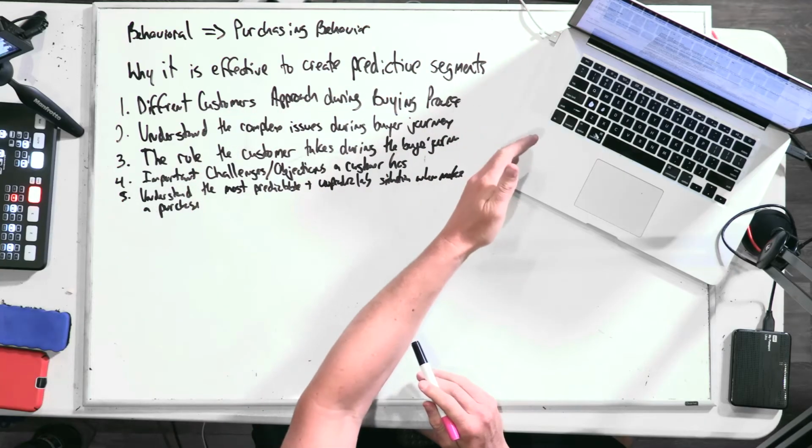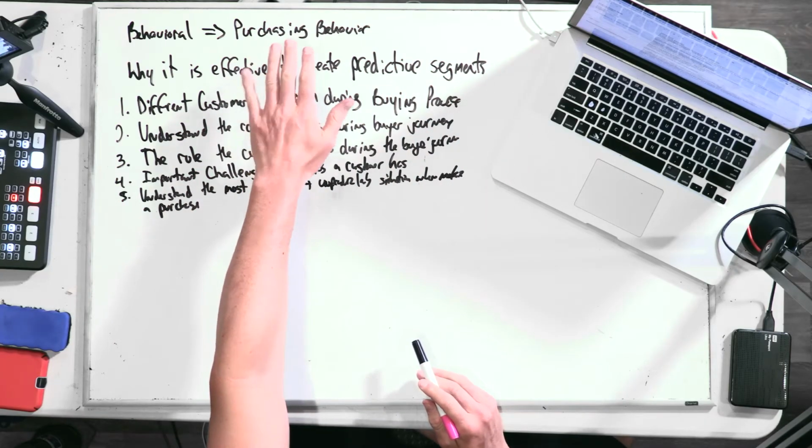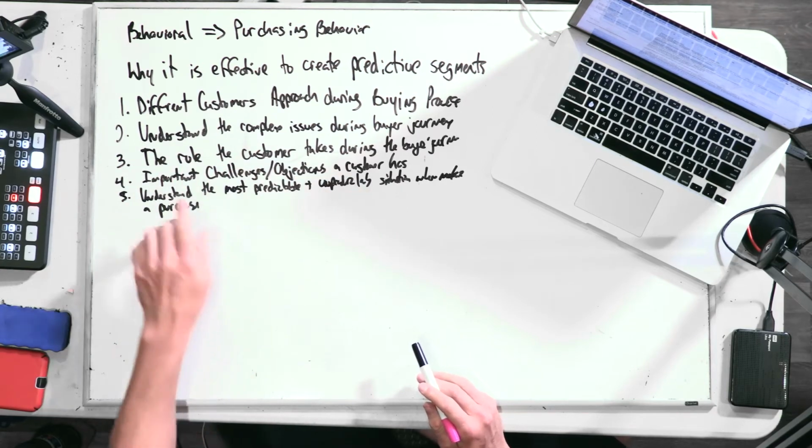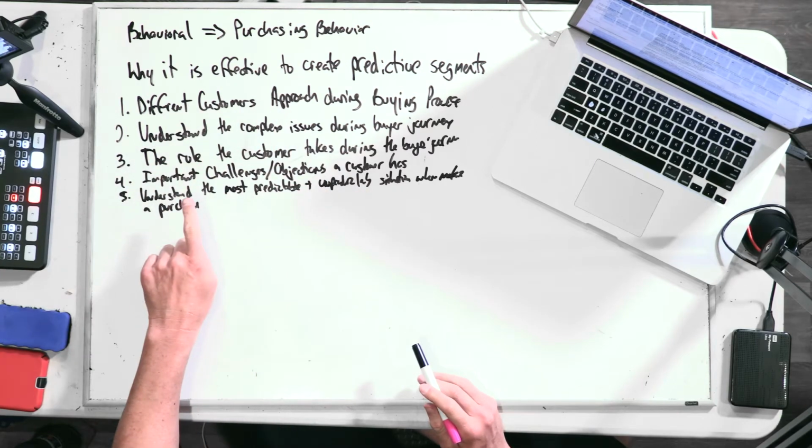So the whole point here, right, guys, is you have a purchasing behavior segment. You're going to be grouping people based off of this type of behavior. And the reason why it's effective is these 5 reasons. Each customer takes a different approach. You understand the complexity during the buyer's journey. You understand the role of each customer.